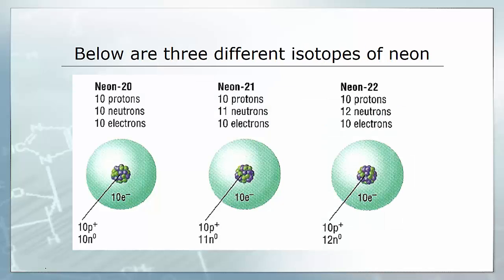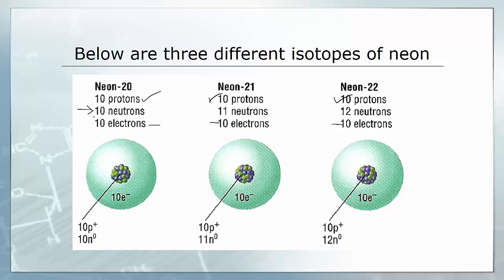So let's look at the 3 different isotopes of neon. Notice that they all have 10 protons. They all have 10 electrons, but their numbers of neutrons change. So you have neon 20, neon 21, and neon 22.